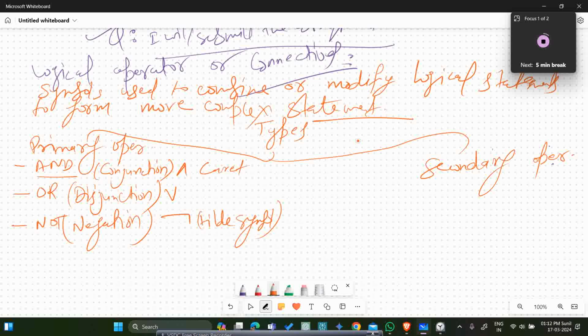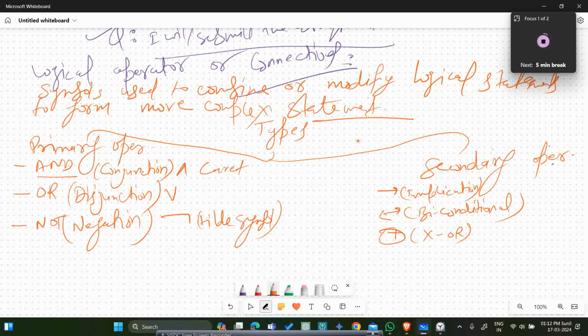So first is the implication operator. We will learn about this. And second is the biconditional operator. Third is the XOR operator, this is the symbol of XOR. Fourth is the NAND operator.